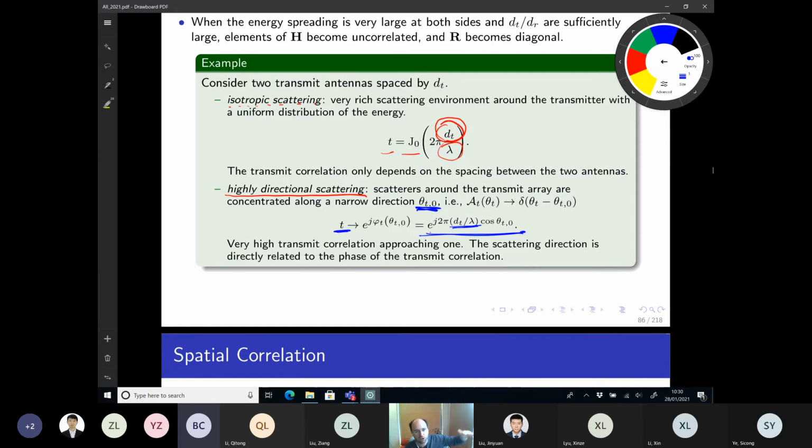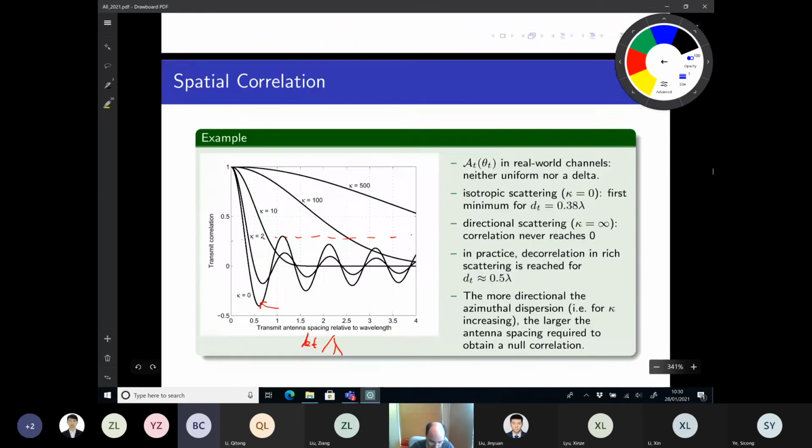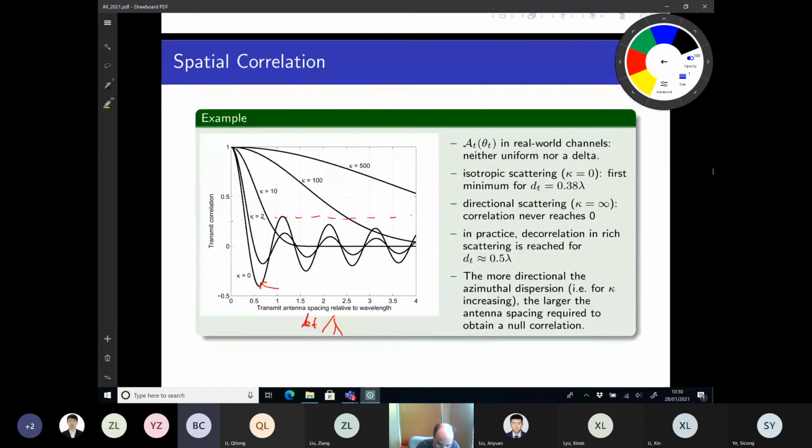Your correlation coefficient will be flat, whatever the distance between the antennas. And this is a problem. Increasing the distance does not matter; the two coefficients are always fully correlated with each other. If H1 increases, H2 will increase, so you're going to have a linear relationship between H1 and H2, and zero diversity gain.